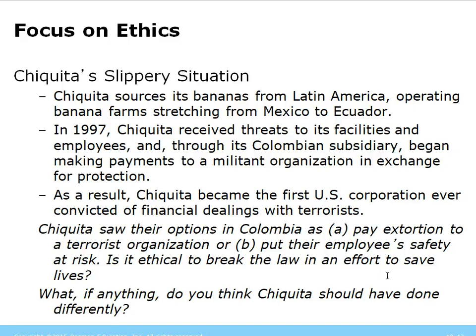And it's against direct U.S. law. Companies are not allowed to pay extortion to foreign governments or terrorist organizations to protect their assets.